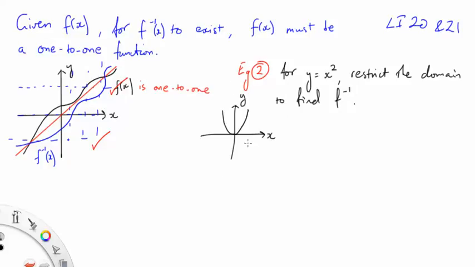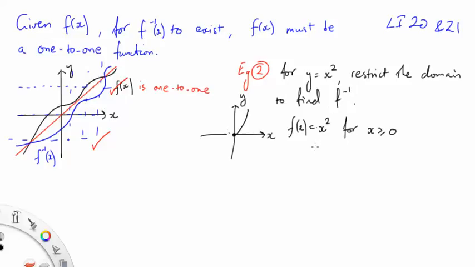So let's restrict the domain. Let's define it formally as f of x equals x squared for x is greater than or equal to 0. So we're restricting the domain there, and it means we're only taking this part here. Now it passes the test. It's one-to-one, which is fantastic.